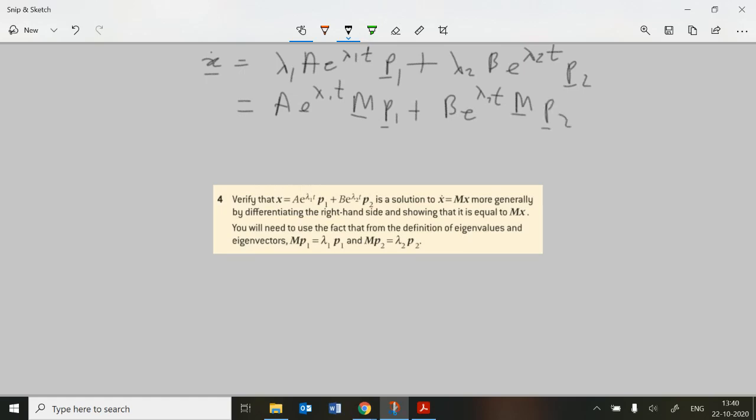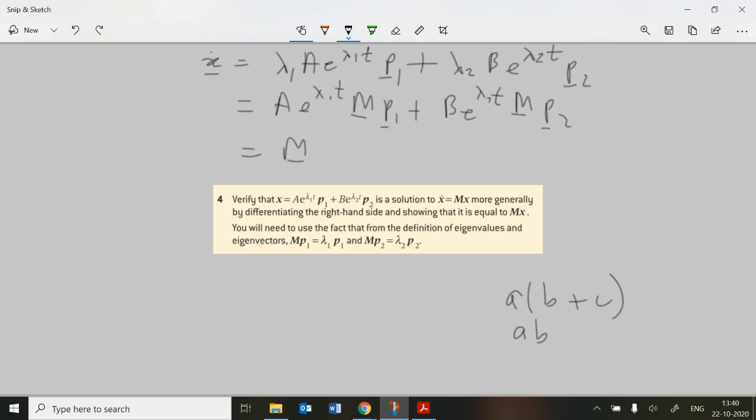These are just constants, and we can use the distributive law for matrices to bring out the M, a bit like a(b + c) equals ab plus ac. That works with matrices.